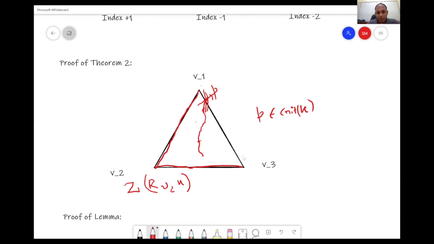Right. So that's the argument that I do have a boundary critical point. So I do have a critical point on the side opposite to V2.